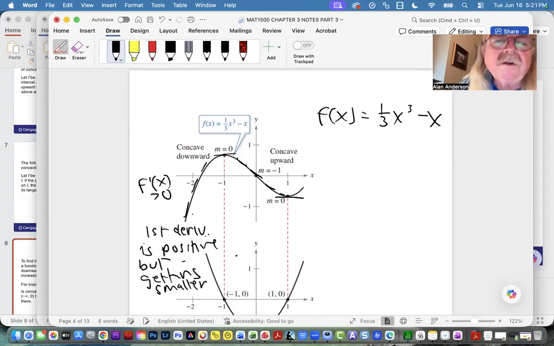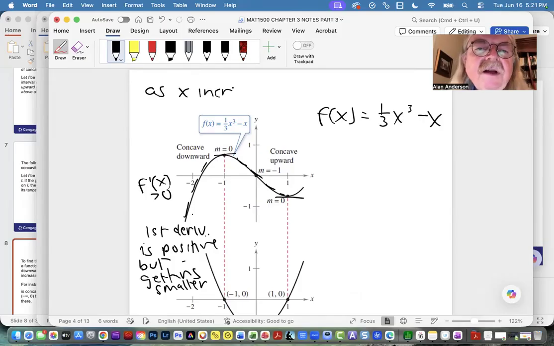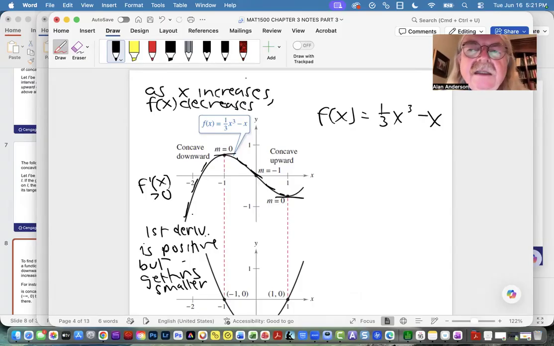So in other words, as x increases, f prime of x decreases. And therefore, over this interval, the second derivative is negative.